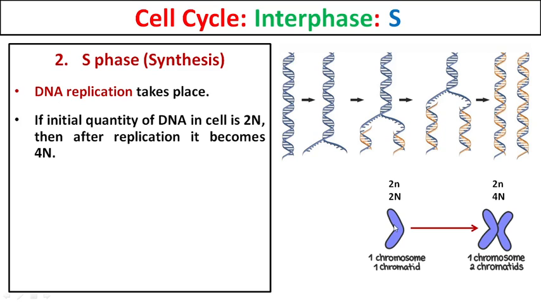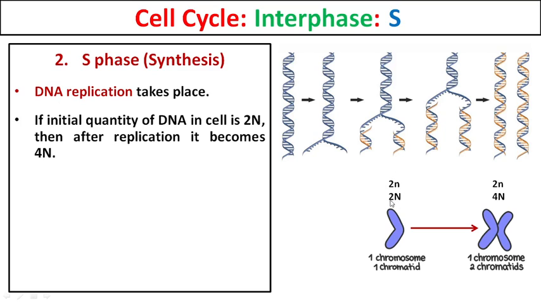In a diploid organism, diploid meaning they have a pair of chromosomes, one from each parent, right? Even for you, you have 23 pairs of chromosomes, which means you write a diploid organism as 2n, right? You have a pair of homologous chromosomes. So this is written as 2n.